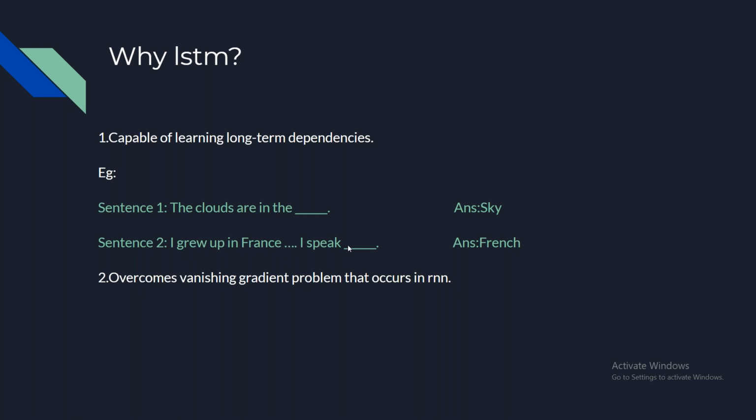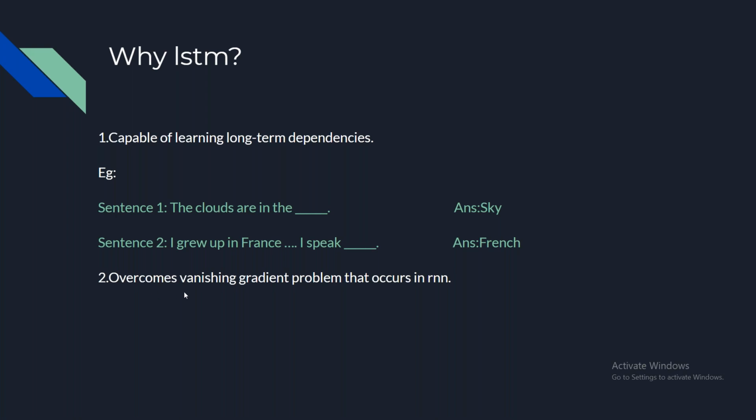I speak dash." Recent information suggests that the next word is probably the name of a language. But if we want to narrow down which language, we need to get the context of France. So here RNN fails and LSTM comes in.